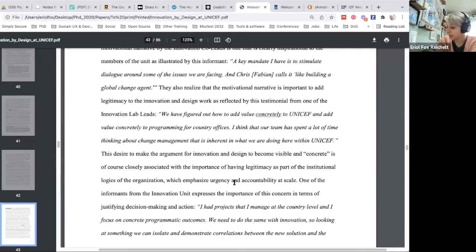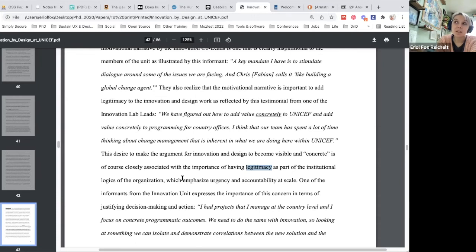I think the reason that I highlight this is, under the lens of open source, legitimacy. I mean, as part of the institutional logics of the organization, which is what's being observed here, but I argue that legitimacy of design as part of the institutional logics of open source more broadly is often what surfaces in other open source projects or other open source communities.